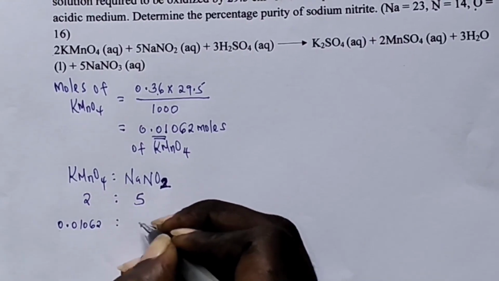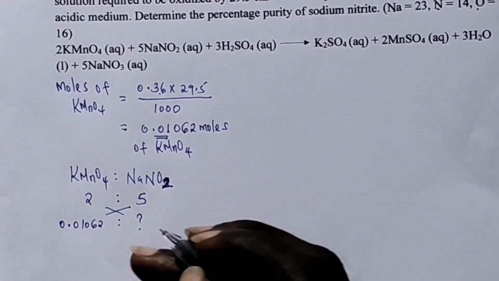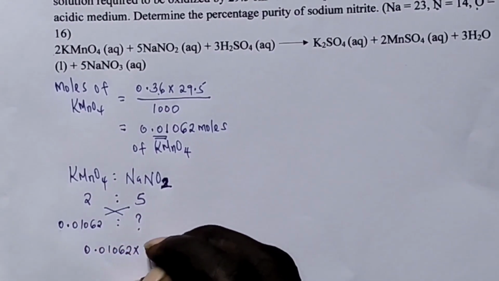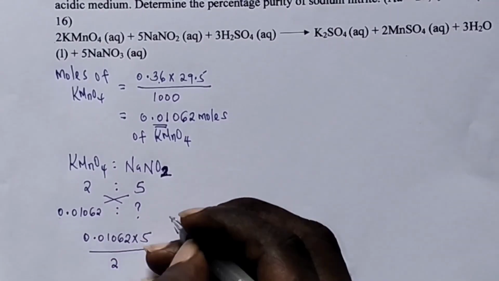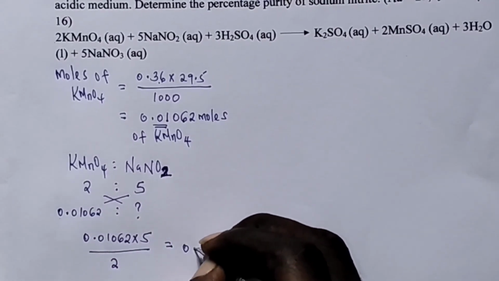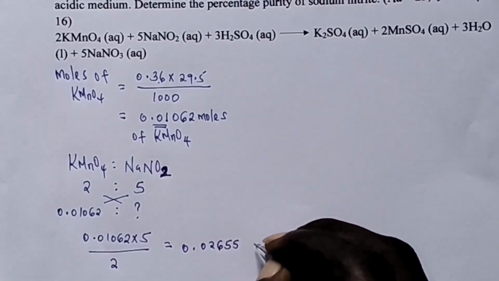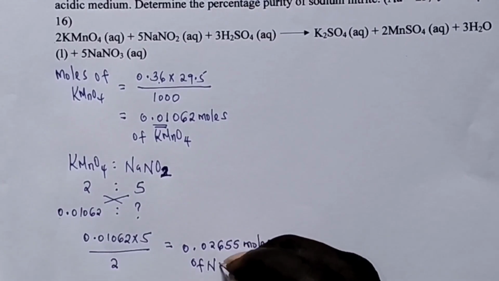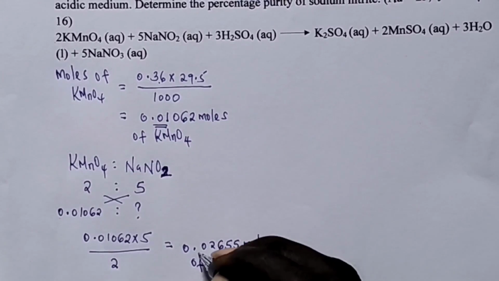Then we ask ourselves what about the one for sodium nitrite. So we cross multiply: 0.01062 multiplied by 5, then divided by 2. What we get is 0.02655 moles of sodium nitrite solution.